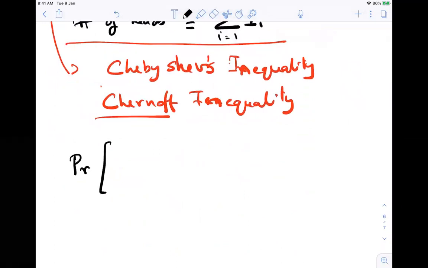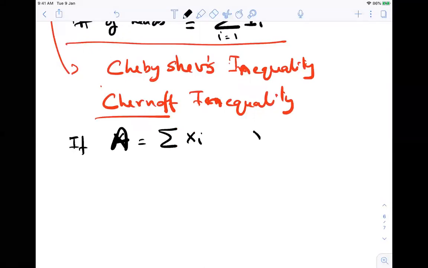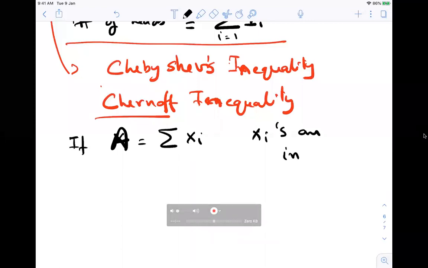Let me write it carefully here. If A is equal to the summation of Xi, where the Xi's are independent.